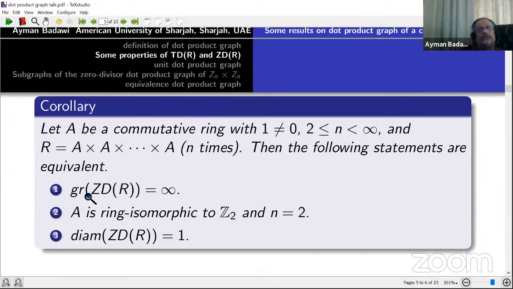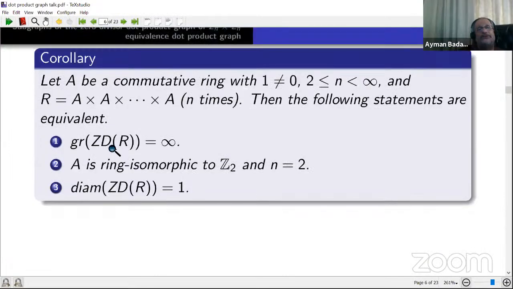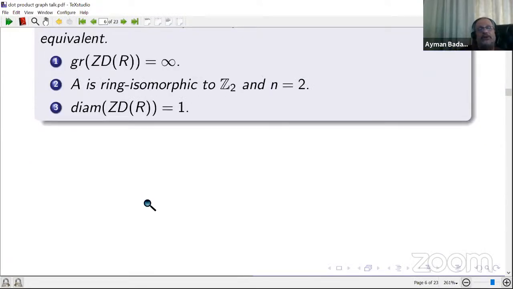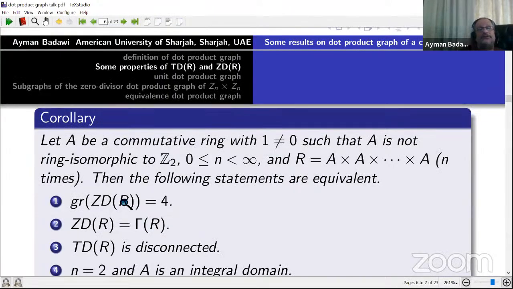So if you tell me the girth of the zero dot product graph of R equals infinity, then I know that A has to be Z2, I know n has to be 2, and I know the diameter. So this is a complete characterization for when the girth may be equal to infinity.